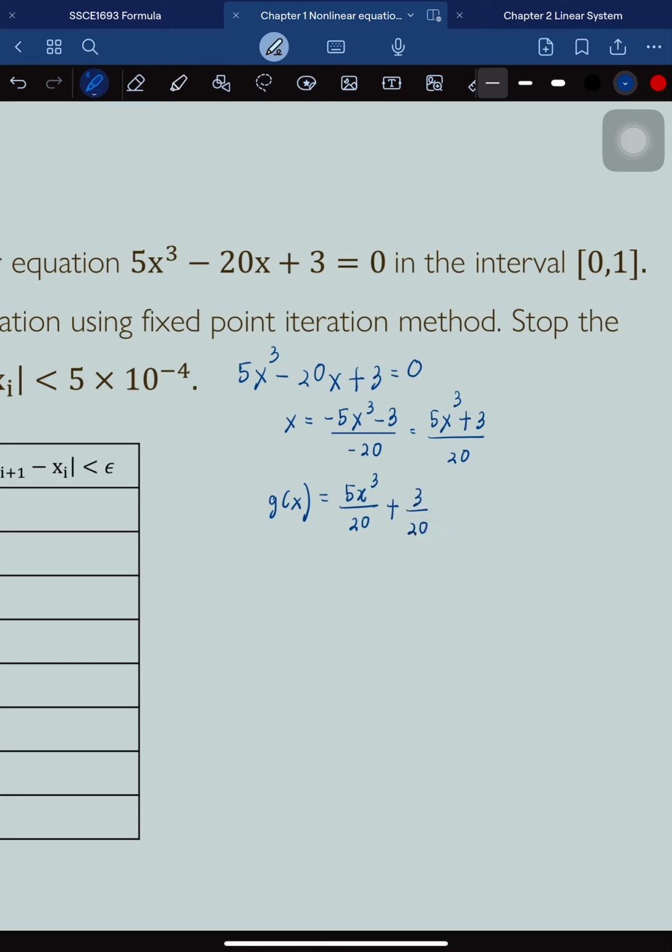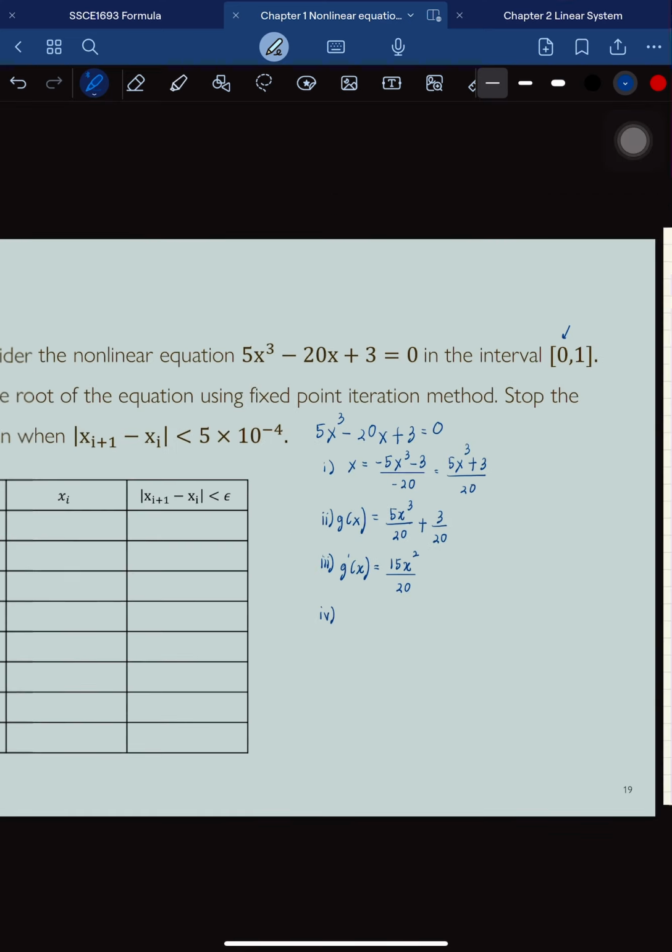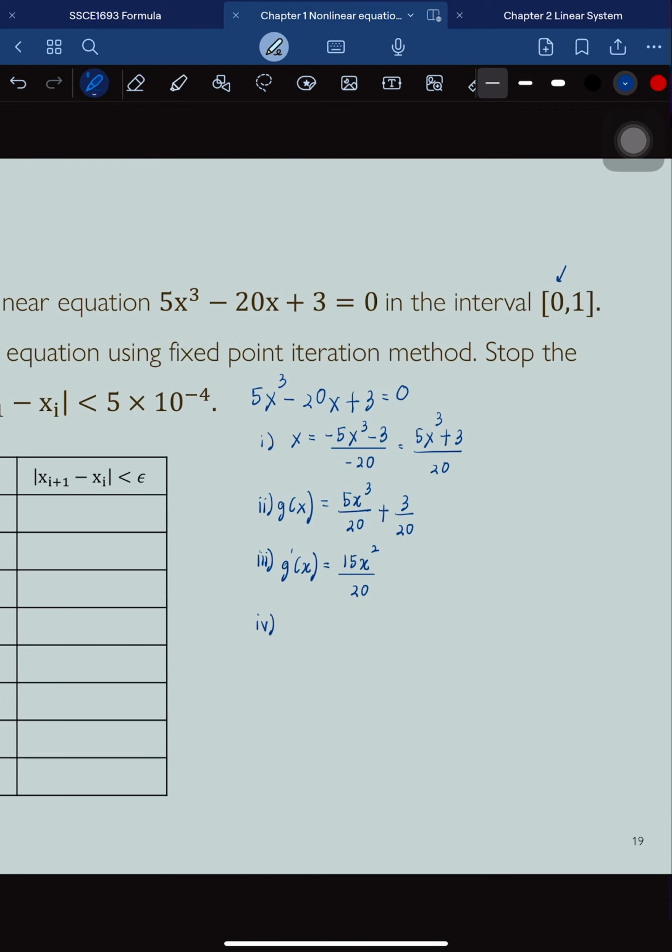So this is your first step, your second step. Your third step is you need to differentiate with respect to x. Differentiating, we get 15x squared over 20. Then the next step is you need to substitute the value of x. In this question, x naught will be 0.